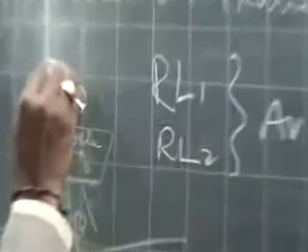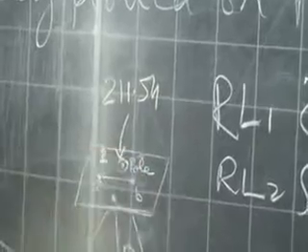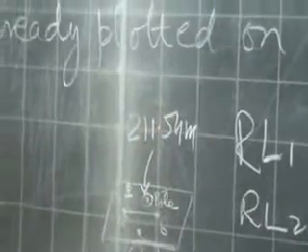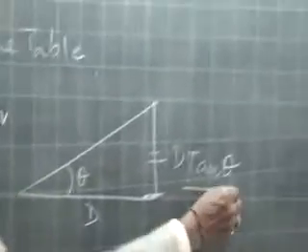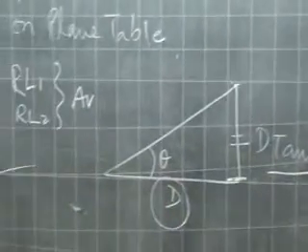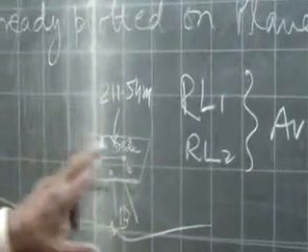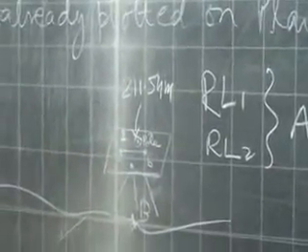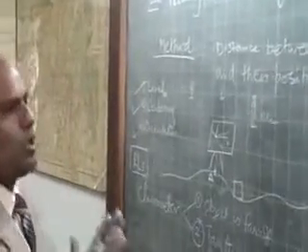Suppose the elevation of the pole is 211.54. I'll write that value here on the plane table itself. So in the intersection method, using this simple trigonometrical relationship, once you know tangent theta and once you know this distance on the plane table, you can measure this distance, you can find out RLs of all those points, and you have to write the elevation values here and then draw the contours subsequently.